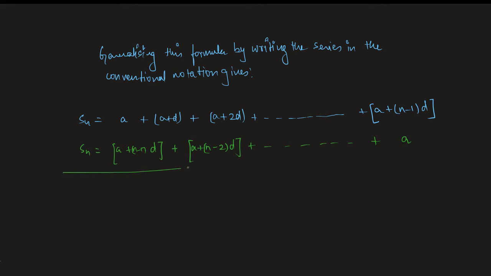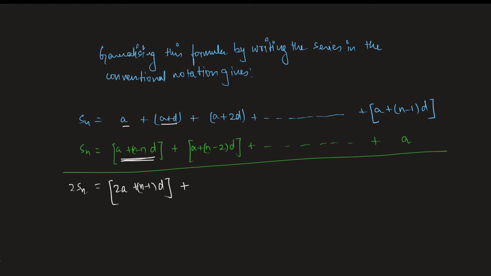Now what we'll do is add the sequences, both left hand side and right hand side. So this is Sn, this is Sn, so I can write this down as 2 times Sn. Sn plus Sn is 2 times Sn. Now if I add this term and this term, a plus a will give you 2a plus (n minus 1) d.